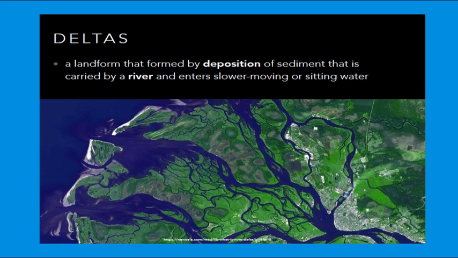So deltas form when the water gets slow and still, as water moves into a larger body of water. Rivers are always dumping their contents into larger bodies of water. So the Mississippi River cuts almost the whole United States all the way down, but it eventually deposits into the Gulf of Mexico. As it moves down, it picks up and erodes sediment away in the river.